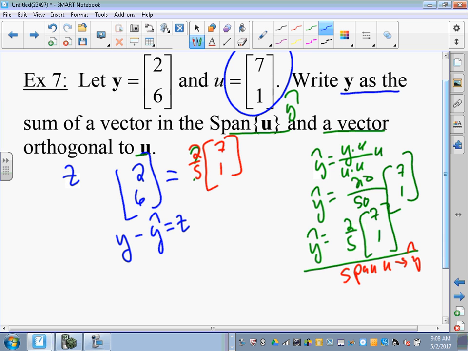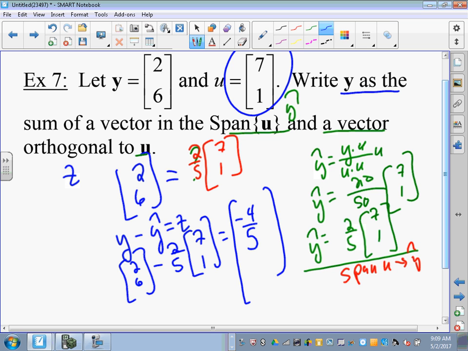Well, y is not 2/6, but 2 then 6, minus 2/5 of y hat, which is 7, 1. So what is 2 minus 14/5? Negative 4/5. That's the top number.